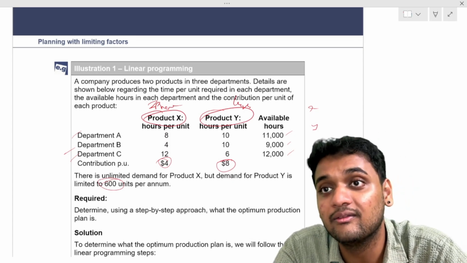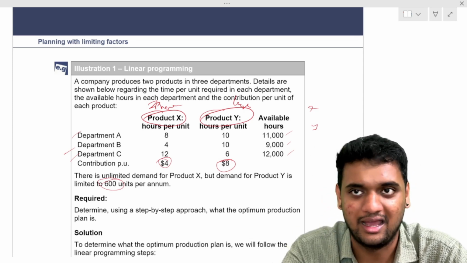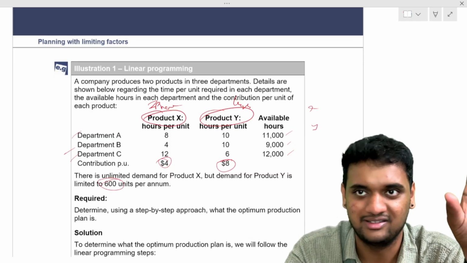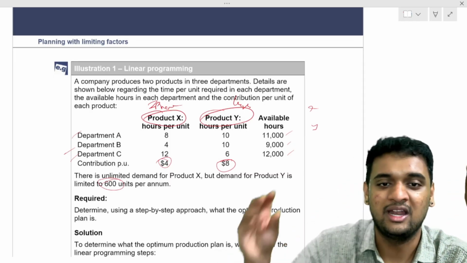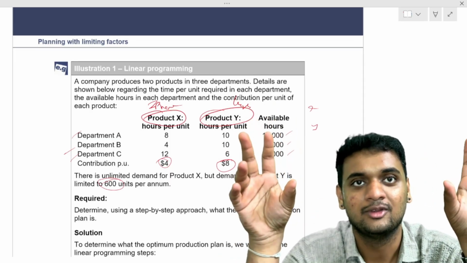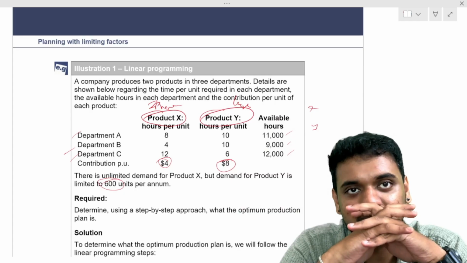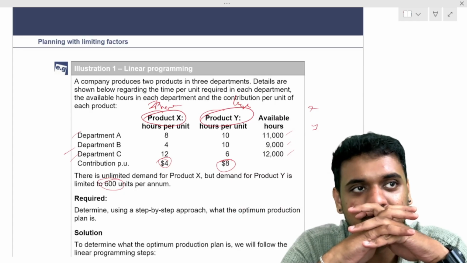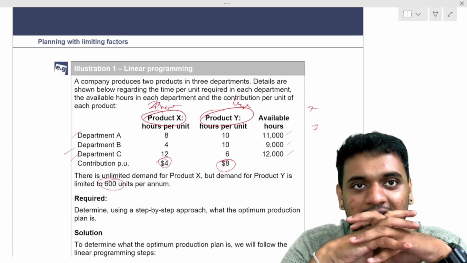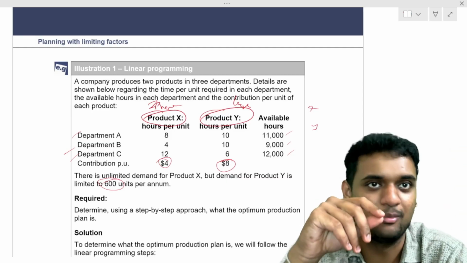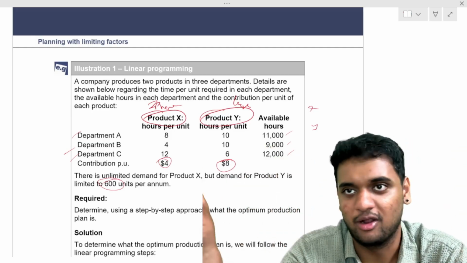If we are producing X number of iPhones, X number we know, X we will assume to be X. Y number of laptops. What is the total contribution we will get? Correct. We are assuming we are producing X number of iPhones, Y number of laptops.